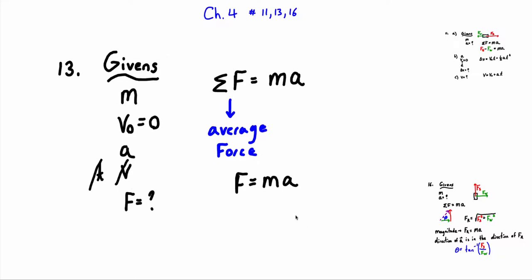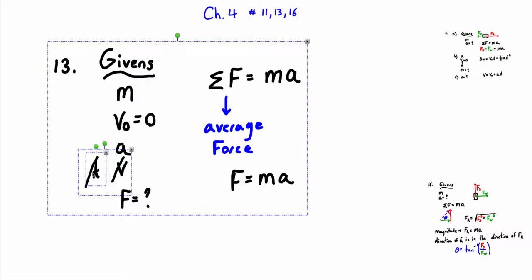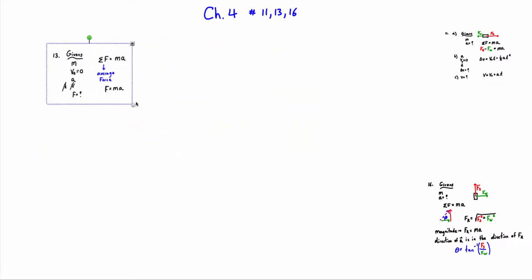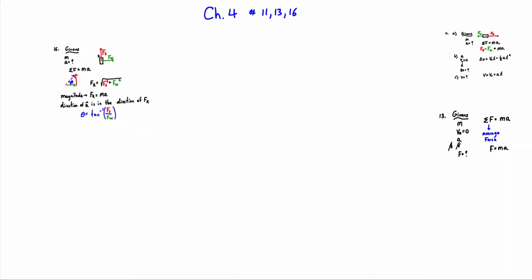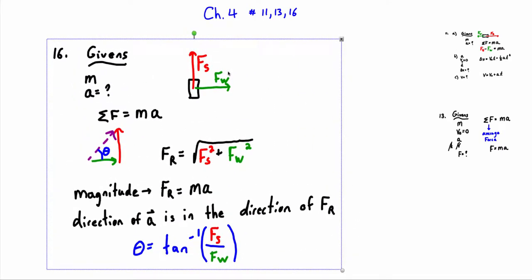Okay, so let's look at number 16 now. Alright, so number 16, this is a trickier problem. Now they have a sailboat.